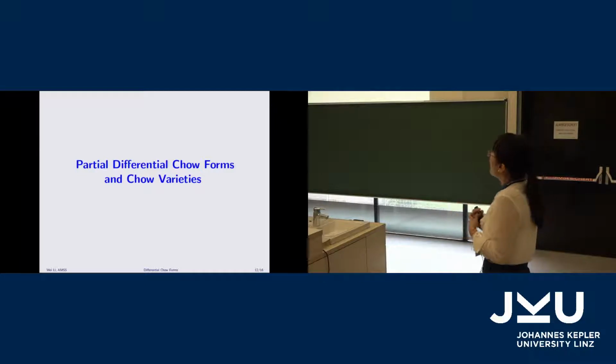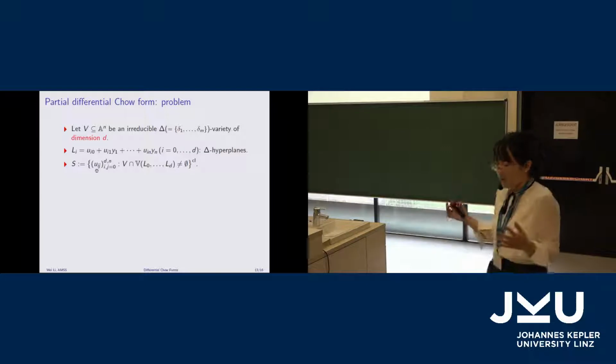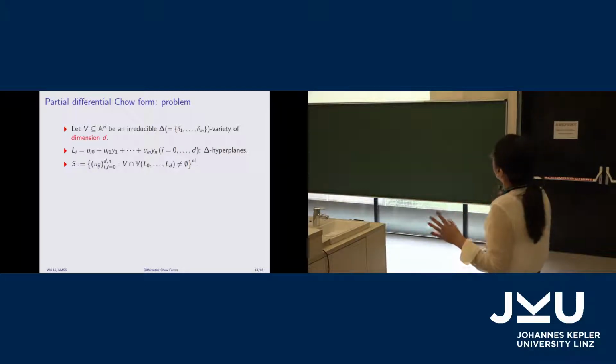Now we move to the partial differential case. Here we suppose there are m derivation operators, and m is greater than 1. And suppose V is an irreducible differential variety of dimension d. We also consider the conditions such that V and these d+1 differential hyperplanes have a non-empty intersection.